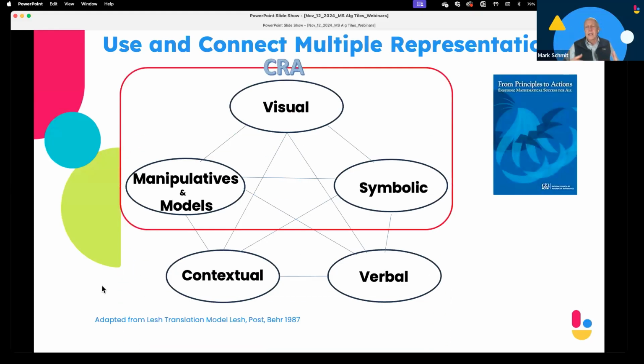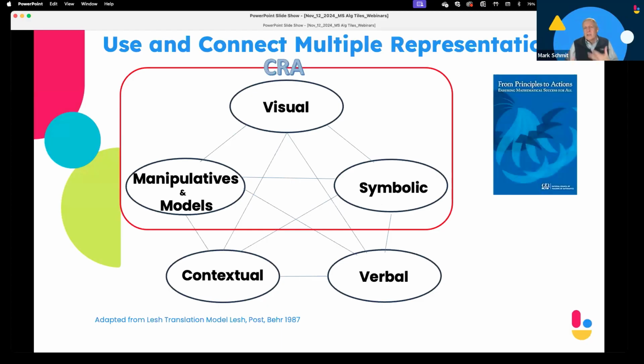And that is the CRA: working with manipulatives and models, the concrete, and then where they create their representation, or that visual representation. Then we want to get them to that symbolic representation. And ideally, kids could move within and among these five different mathematical representations.